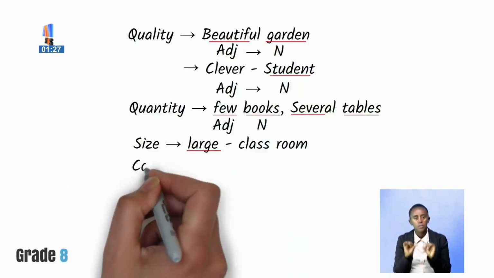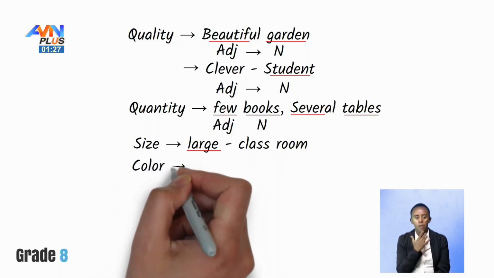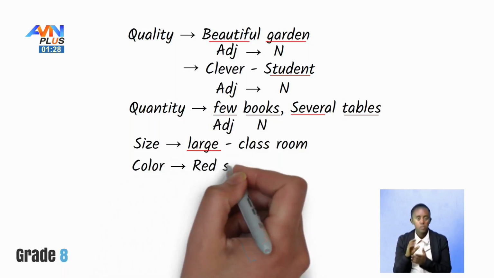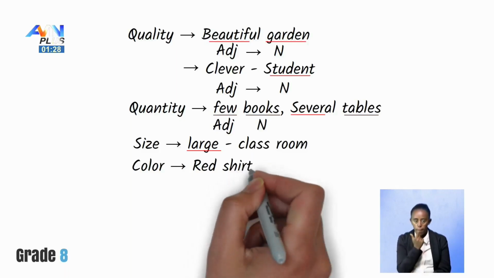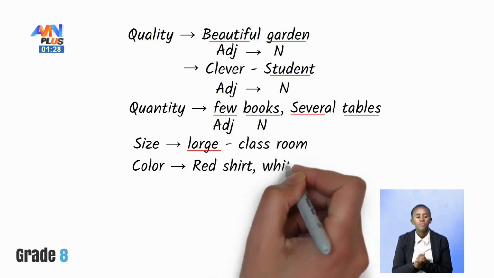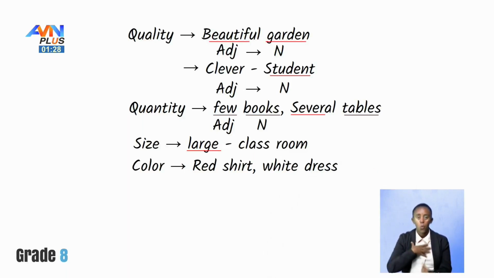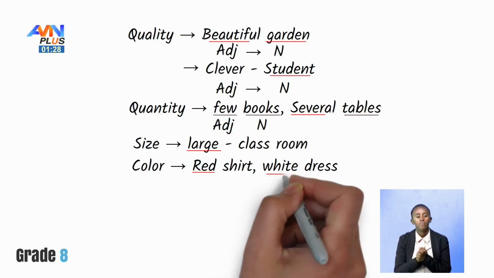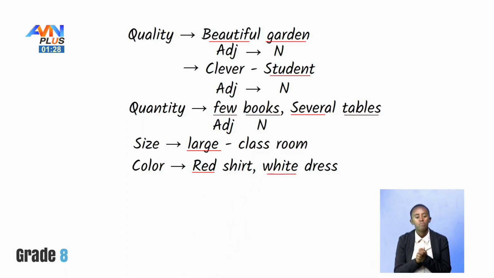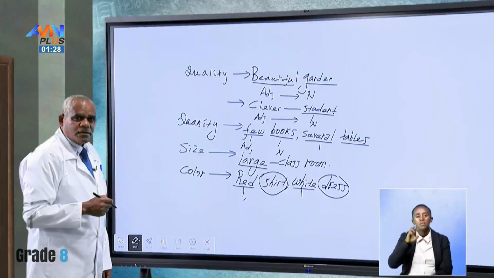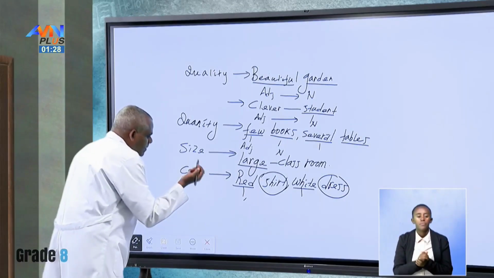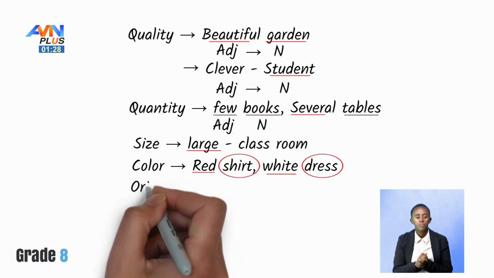Let's go to color. Red shirt, white dress. These are colors, and the noun is common in every context. Look now: shirt, dress. The adjective is the color. Good. Let's go to origin.